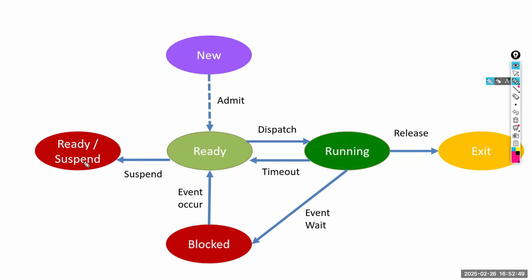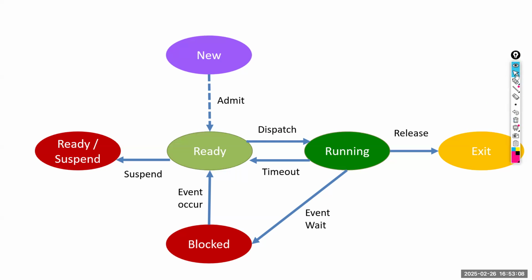So why do we call it ready suspend? Because you came to the suspend state from the ready state. If your process is in suspend state, that means at least part of the memory is in the secondary storage or virtual memory.